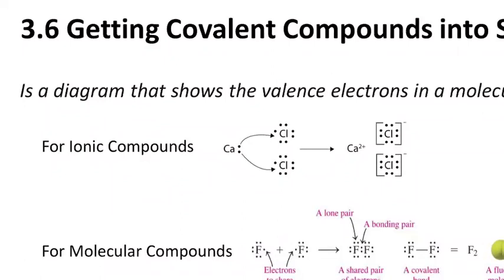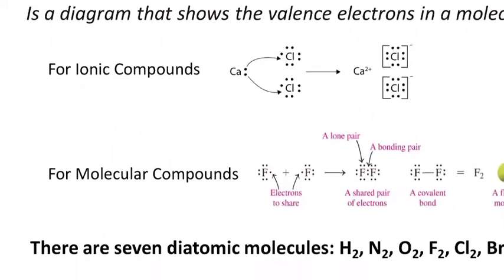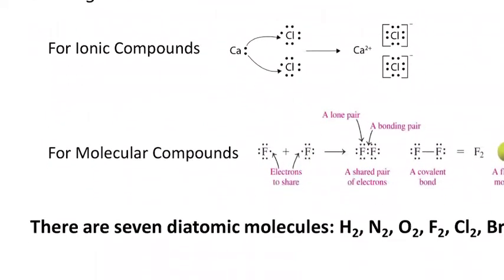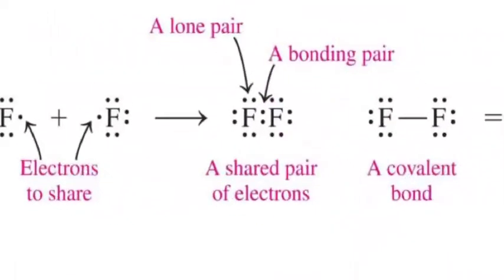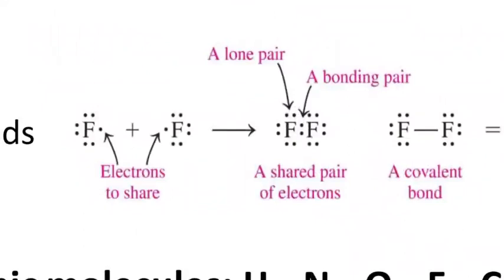Now, when it comes to covalent compounds, we know that they are going to be sharing electrons, right? For example, here we have 2 nonmetals, fluorine and fluorine. When fluorine meets another fluorine, they form what is called a diatomic molecule. In a diatomic molecule, we have two of the same element.